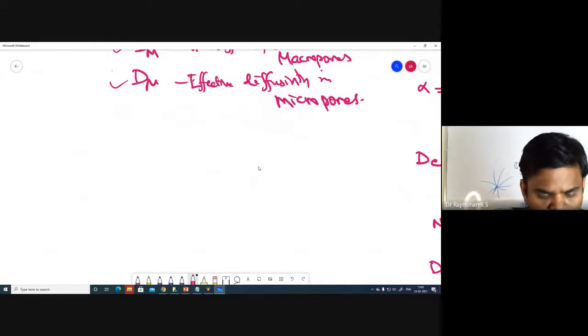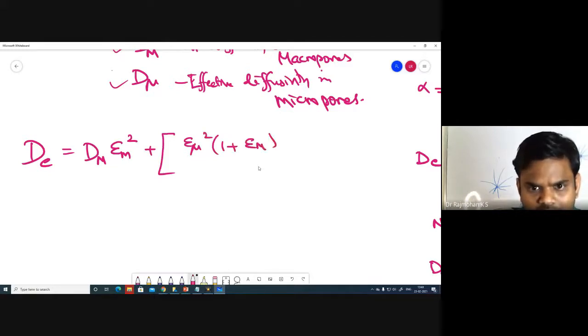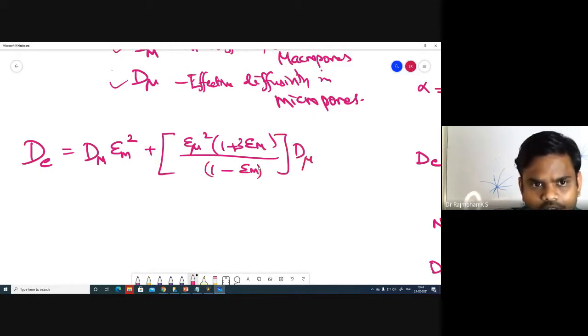which is given by Dm into epsilon m square plus epsilon mu square into 1 plus 3 times epsilon m divided by 1 minus epsilon m, into Dμ.